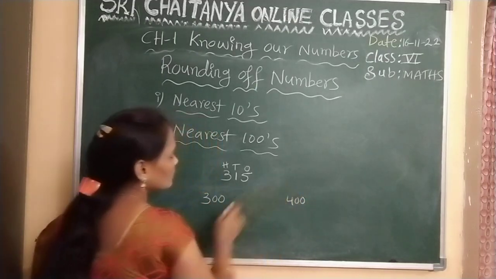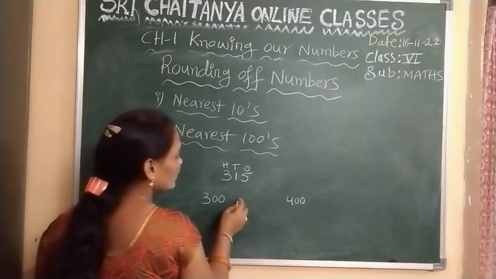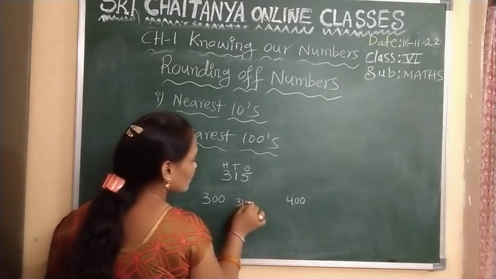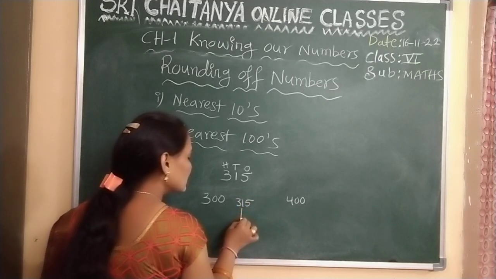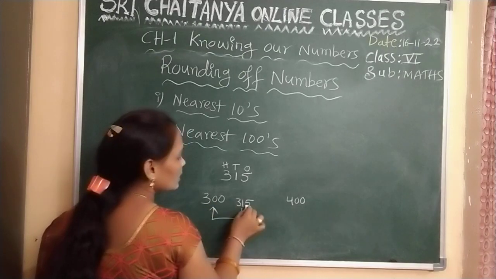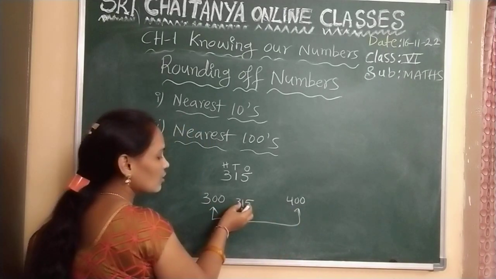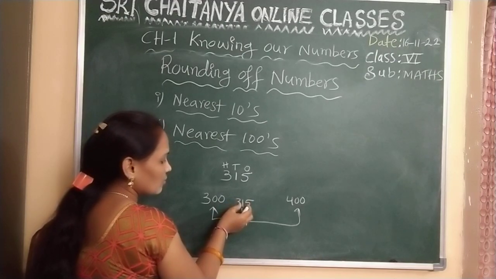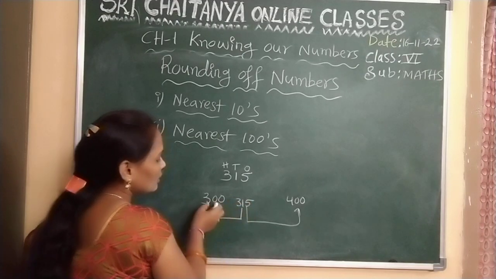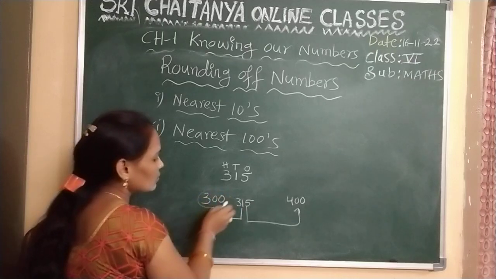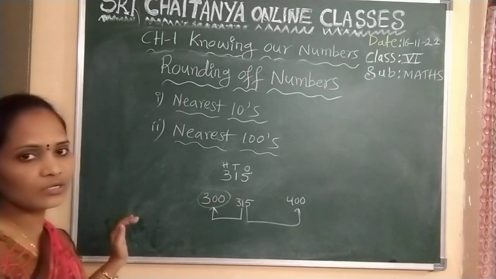See here, 315 is near to 300. It is far from 400. Now it will go to 300 only.